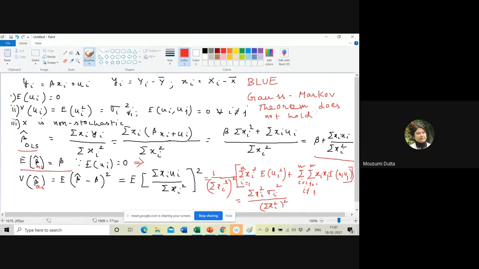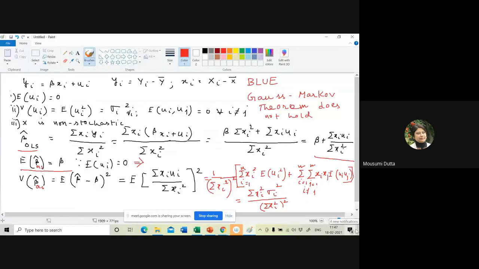So this is the consequence of heteroscedasticity. OLS estimators are still unbiased. However, these are not BLUE. Already I mentioned the interpretation of R square will remain same.